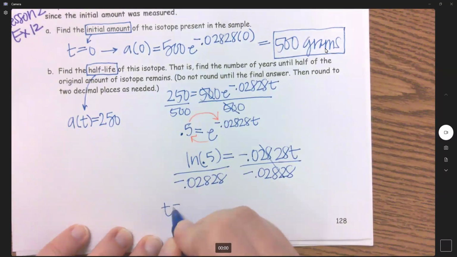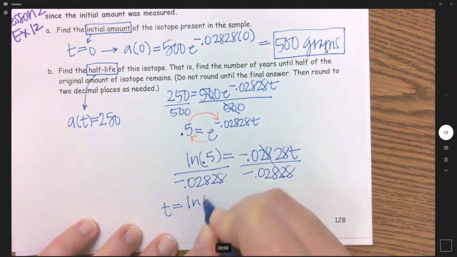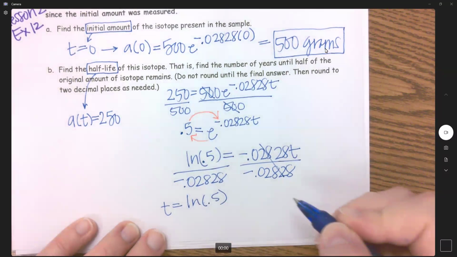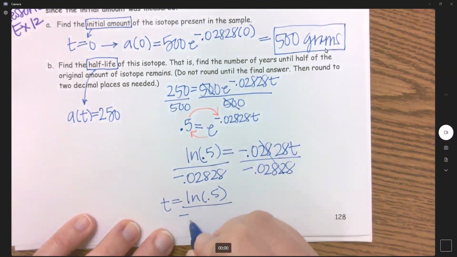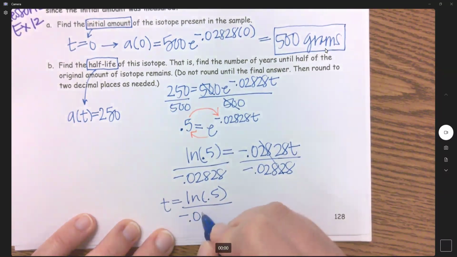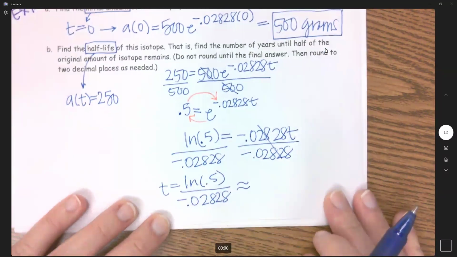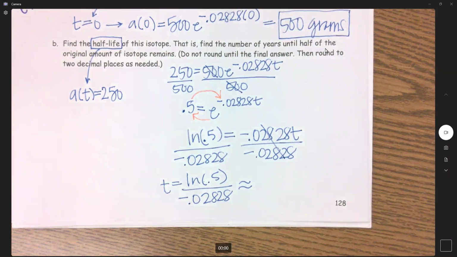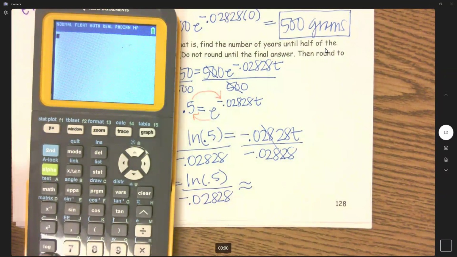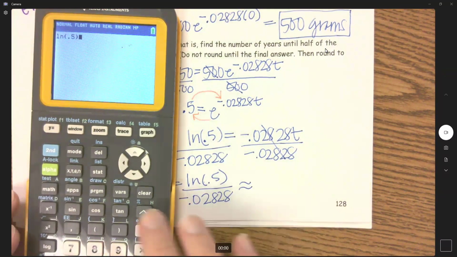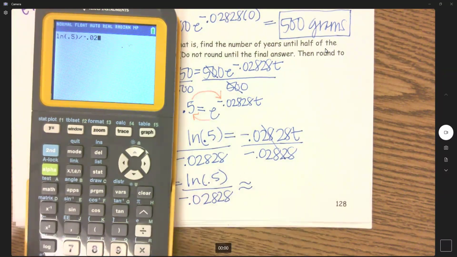So we've got t equals the natural log of 0.5 divided by negative 0.02828, which is about what? Natural log of 0.5, close it, divided by negative 0.02828.